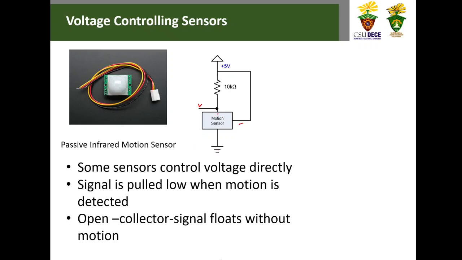Otherwise, if it does not detect motion, this device would float. What happens when it detects no motion is that the wire going to the Arduino would pull up. I need to draw this.